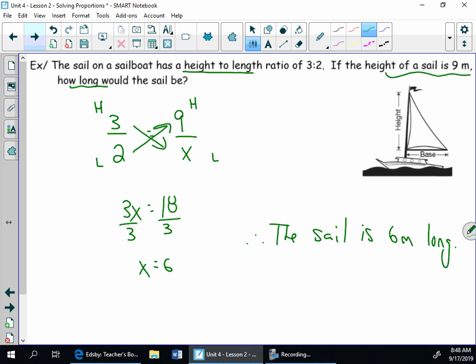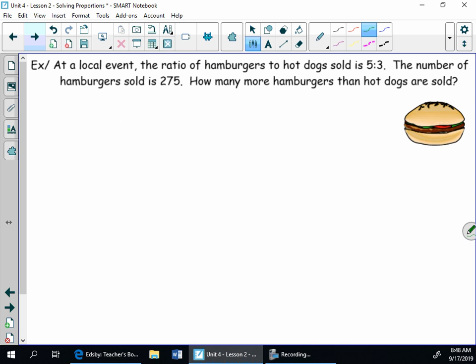Try another one. At a local event, the ratio of hamburgers to hot dogs is 5 to 3. Hamburgers came first, hot dogs came second. The number of hamburgers sold is 275. Okay, it says hamburgers, and hamburgers are on the top.